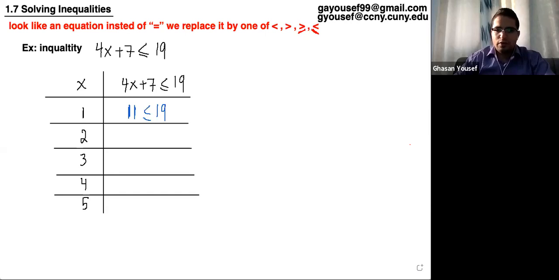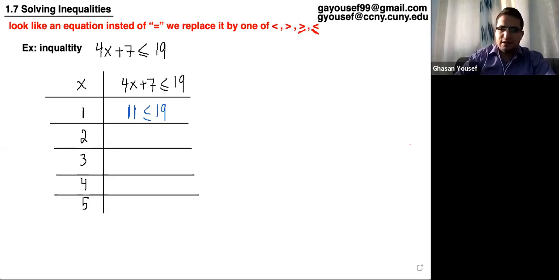For number 2, who will plug number 2 here? A student said 15 is less than or equal to 19. Let's check.